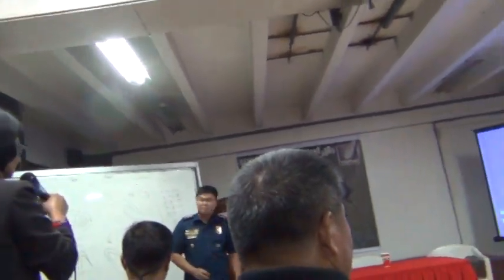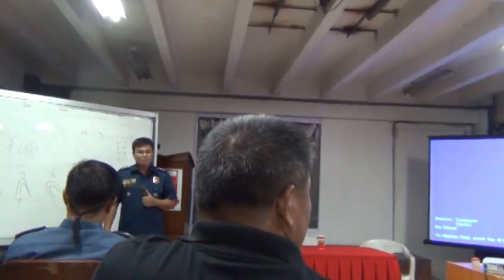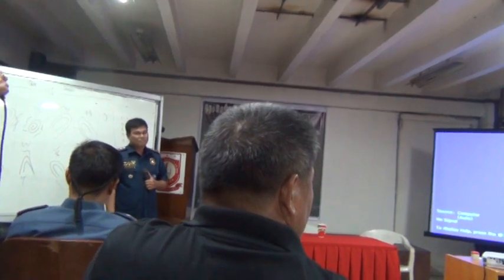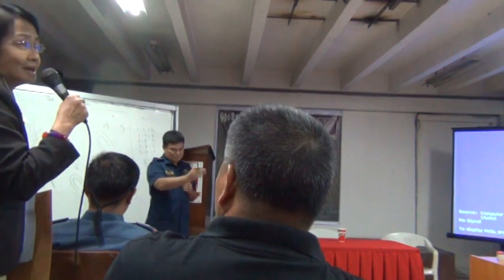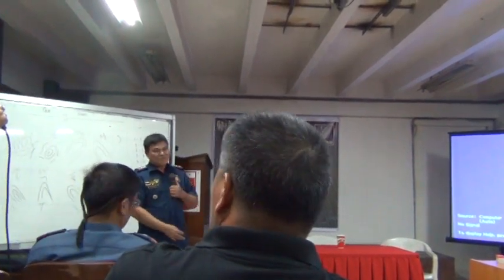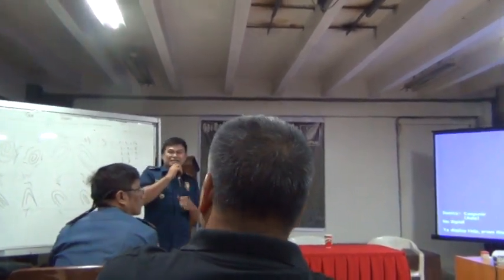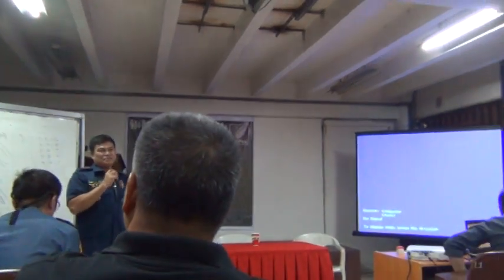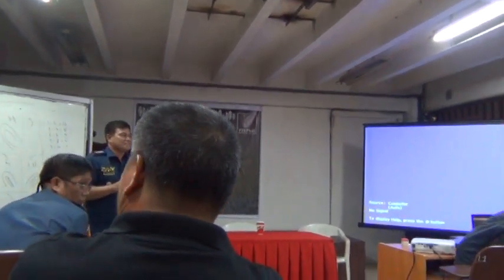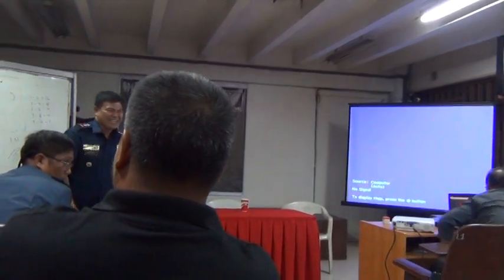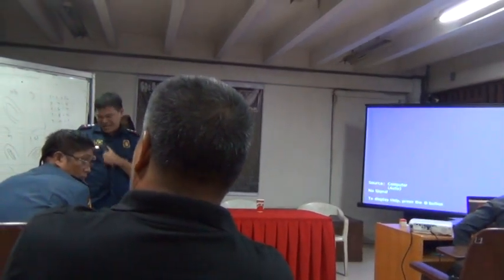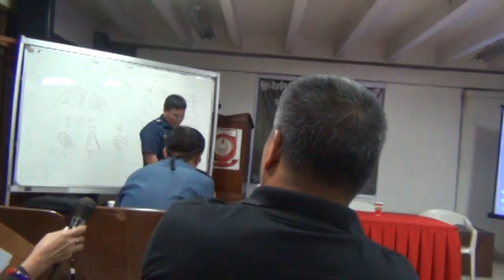Opo. Pero yung paglagay po ng parehong diagonal line or slanting line para sa radial at saka ulnar, anong standard po yan, ma'am? Okay, that is the FBI, Henry System of Classification. Yung FBI po kasi, that is the Henry system. Anyway, ganito po yan.